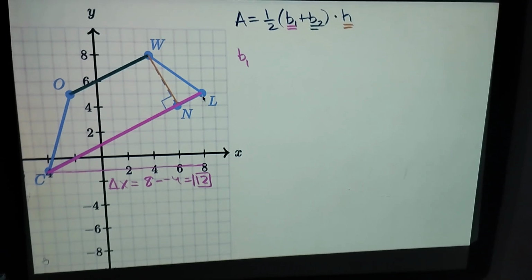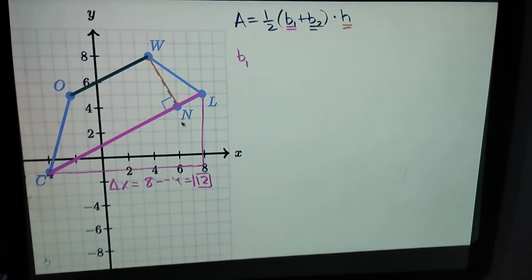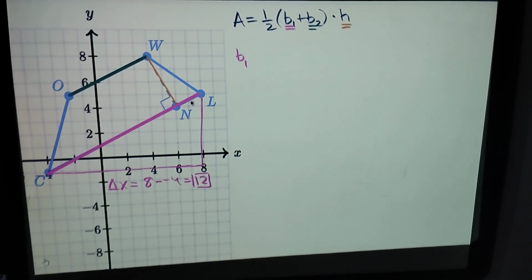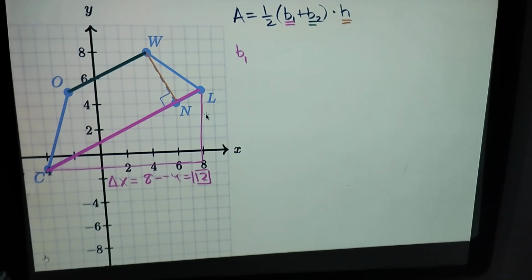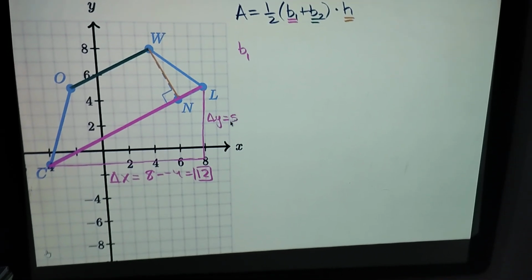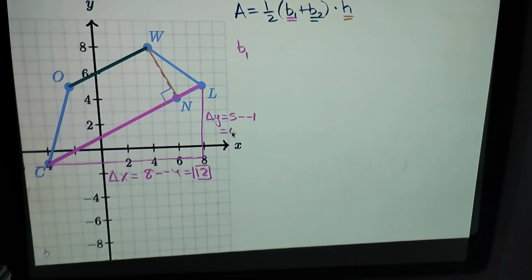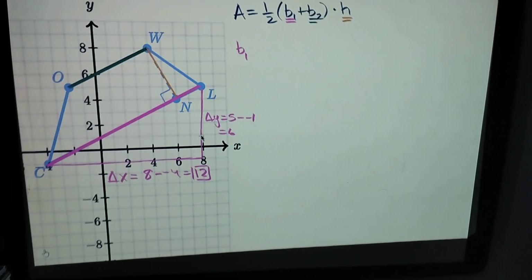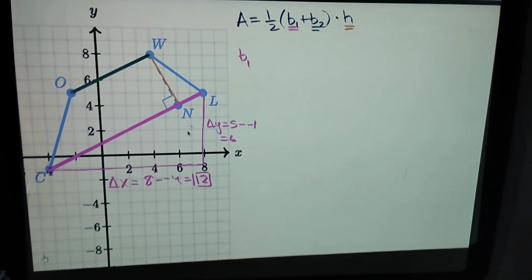And our change in y, we're going from y equals -1 to y equals 5. So our change in y is equal to 5 minus -1, which of course is equal to 6. And you see that here, 1, 2, 3, 4, 5, 6.